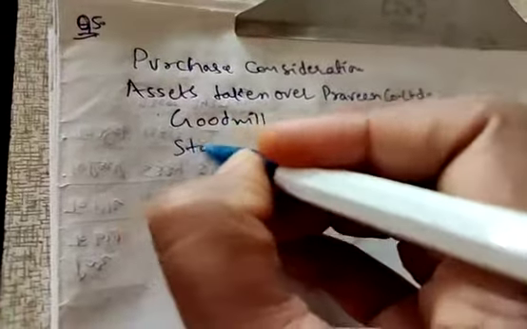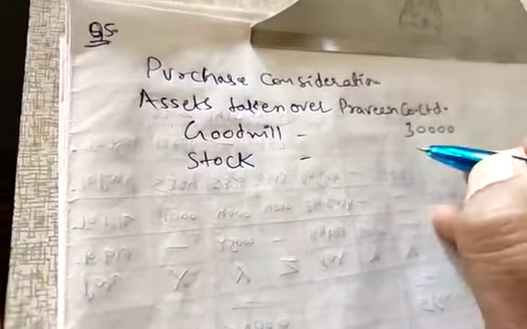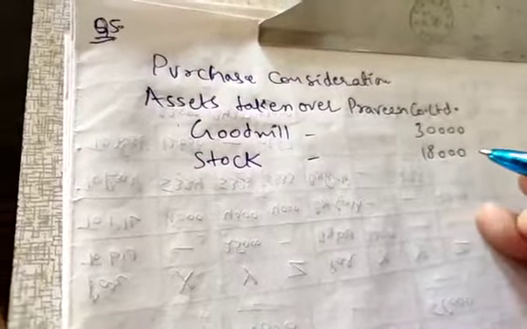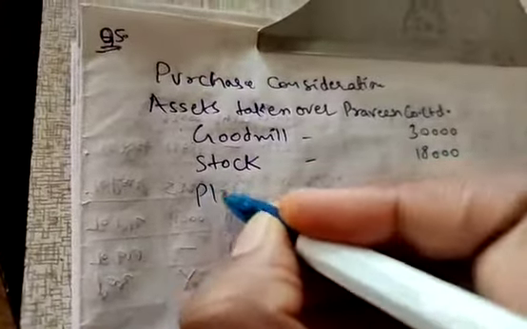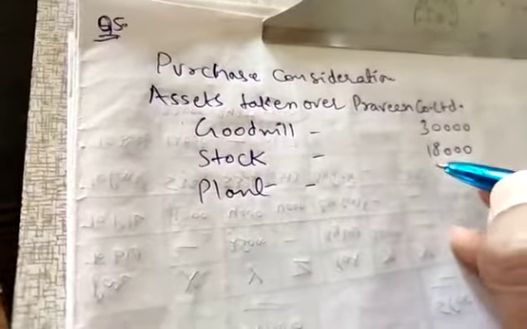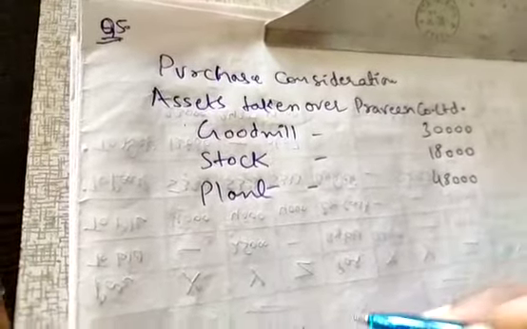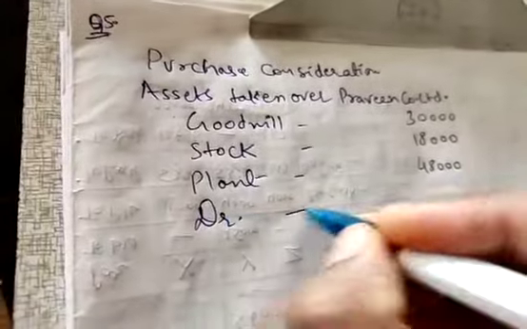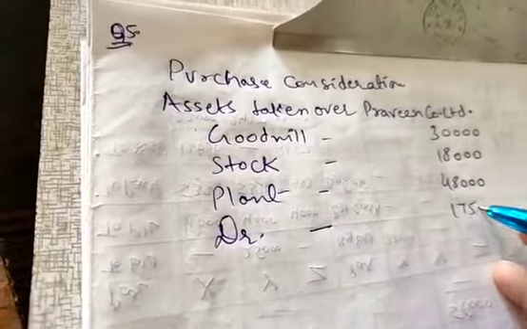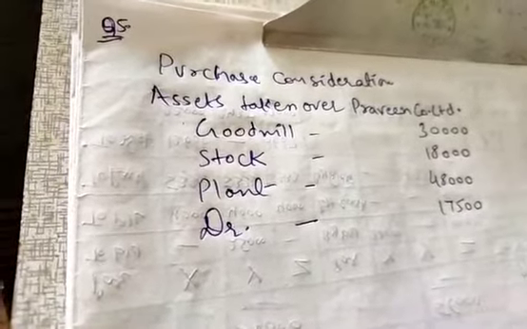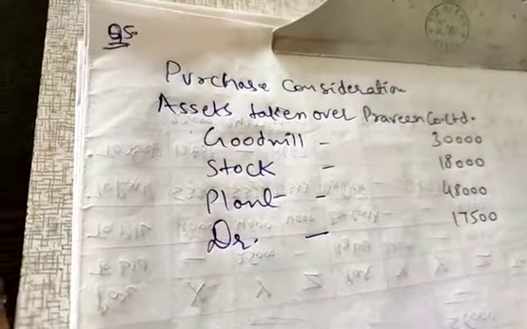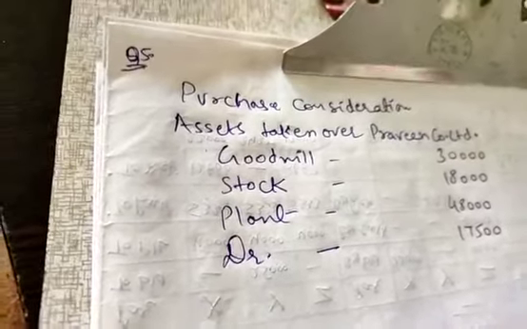Similarly, they are taking stock, and for stock they are paying 18,000. Then they are taking plant, paying 48,000. And then debtors, paying 17,500. So these are the four assets they have taken.